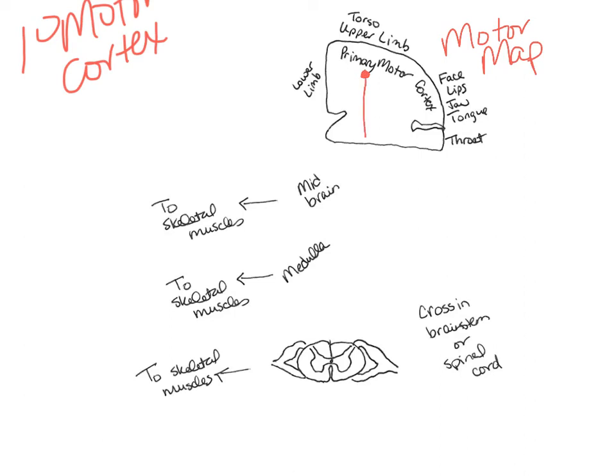is going to descend. It's going to synapse onto the lower motor neuron. And maybe it's going to go out to skeletal muscles right from the midbrain. Maybe it's going to go all the way down to the medulla.